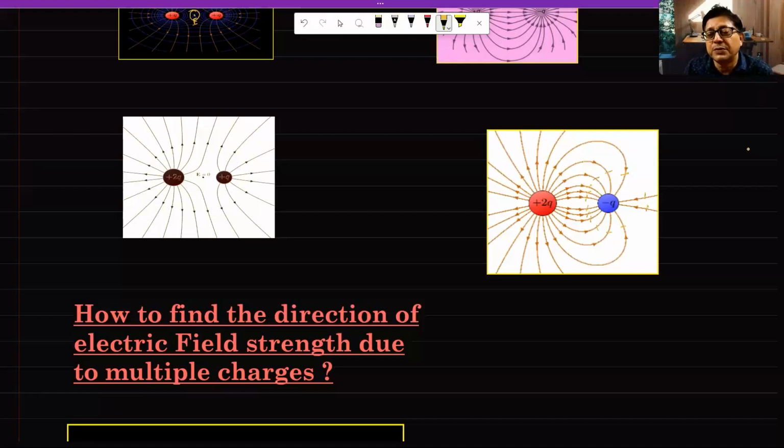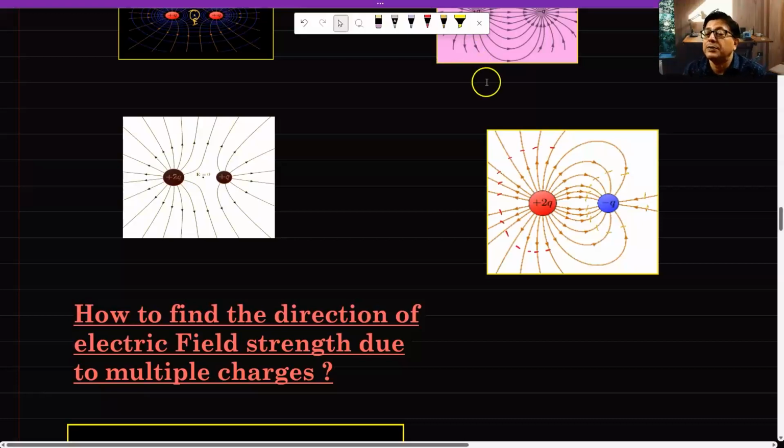So due to minus q, field lines entering into it is 14. So due to plus 2q, how many will come out? Due to plus 2q, 28. These 14 are there. If you count these, you will get 14 more lines of forces. So 28 lines of forces are coming out of this charge 2q and 14 entering the charge minus q. So this will help us, field lines will help us to compare the magnitude of charge. Okay.